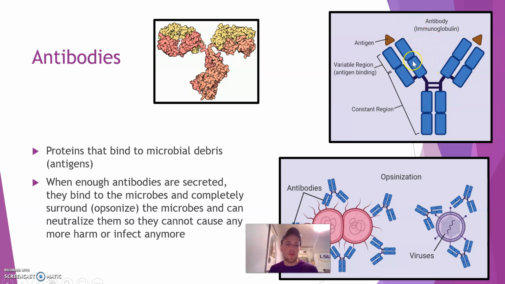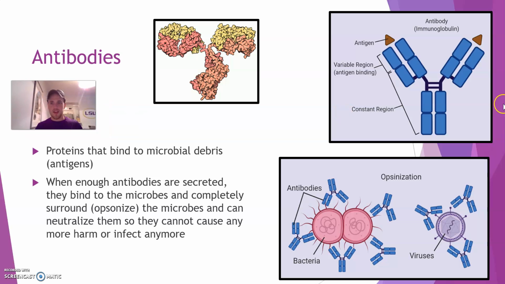And when we talk about the structure of the antibody, there are two main functions here. There are two big regions of the antibody, and that's this region called the variable region, which is the antigen binding region. And antigens, right, are these little microbial components, if you remember.